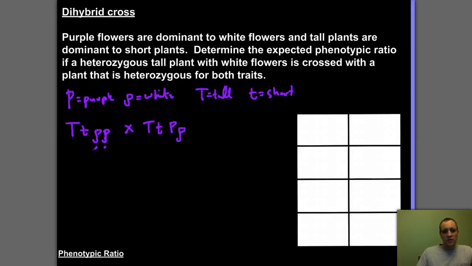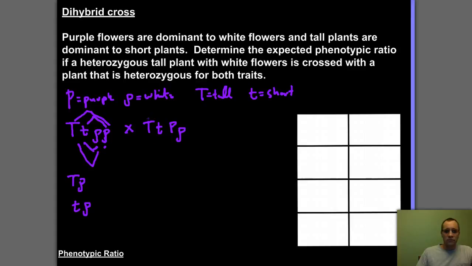And those could be matched up with a little t, or it could be matched up with a big T. Okay, and it could be the same for this little p and this little t and this little p and this big T. But really we get two possible gametes. We get big T and little p, and we get little t and little p. These are two possible gametes that could be produced.